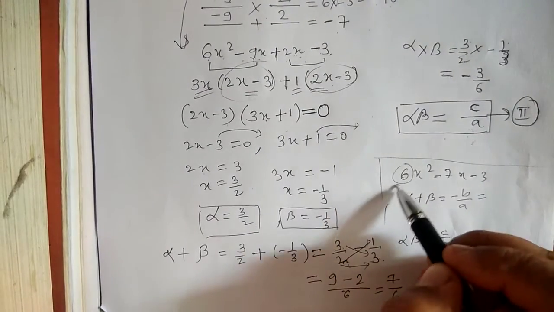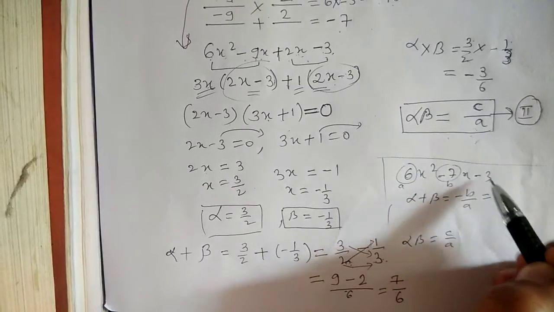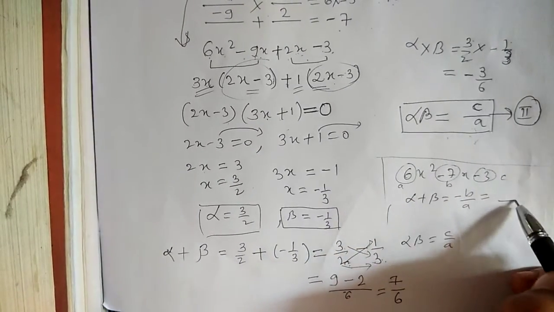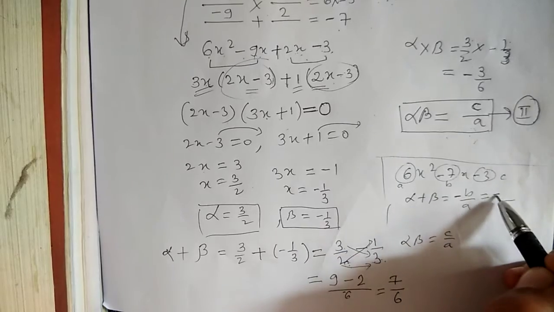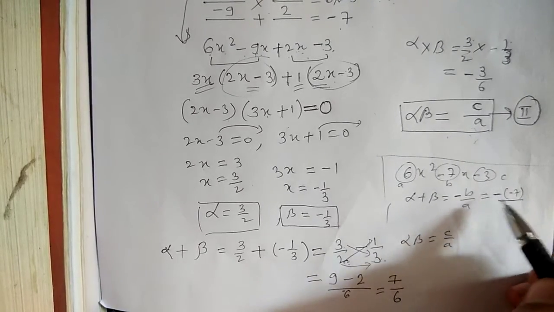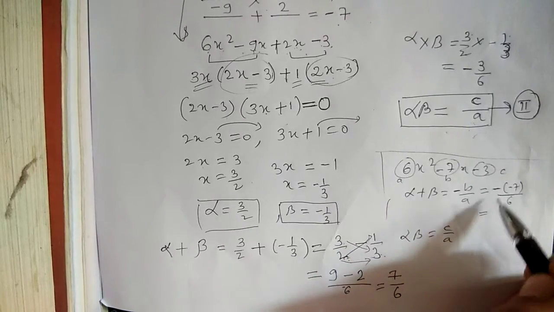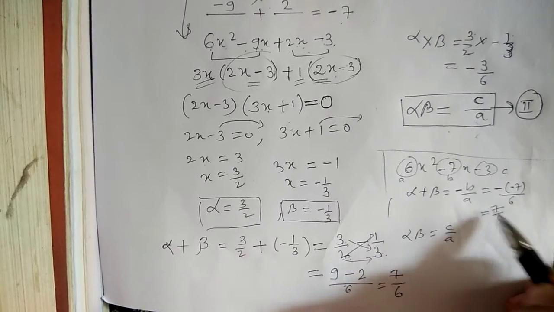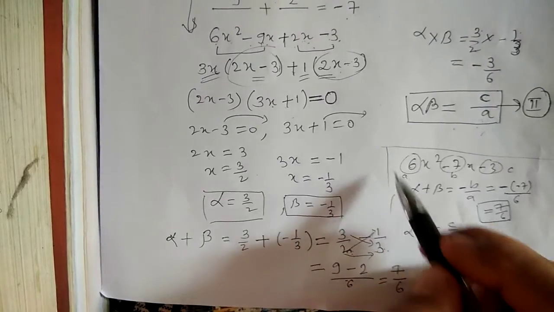Here 6 is a, minus 7 is b, and this is c. So write the minus first, then b value is minus 7 and a is 6. So minus minus is plus 7 by 6. We will get the sum of roots as 7 by 6.